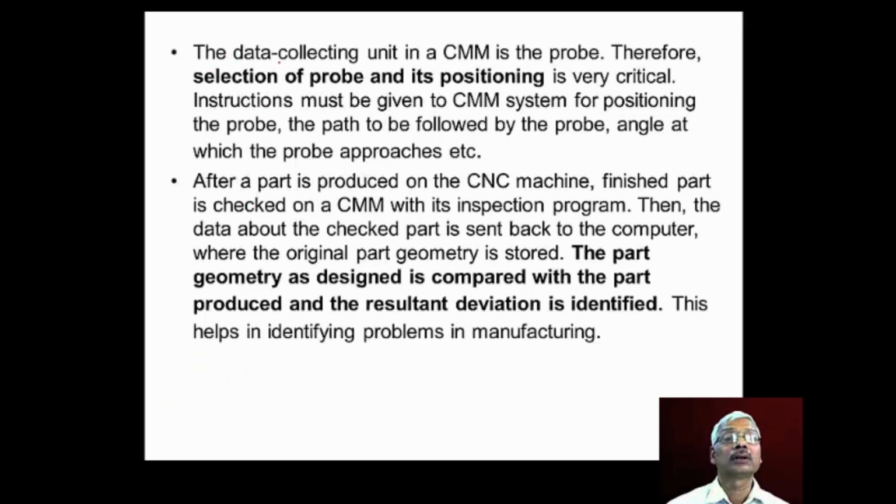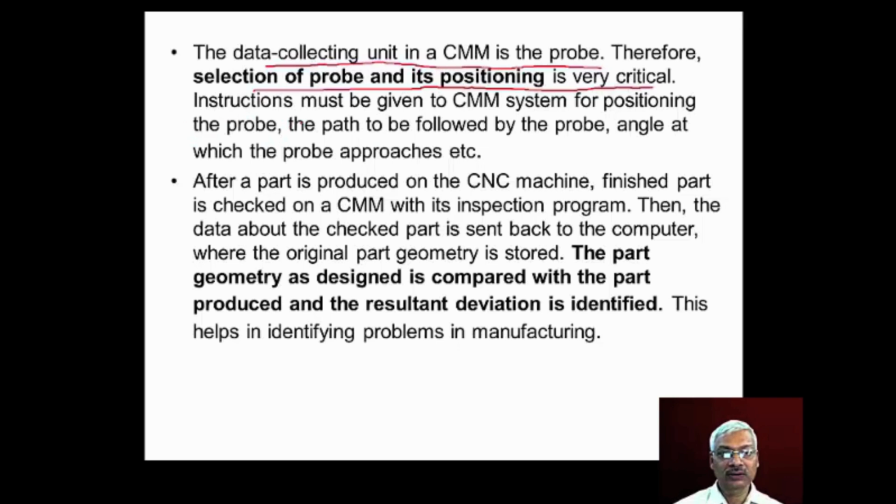Now we have understood that the data collecting unit in a coordinate measuring machine is the probe, the inspection probe. Therefore, the selection of the probe and its positioning in the CMM machine is very critical.